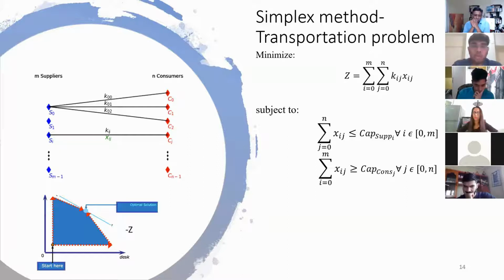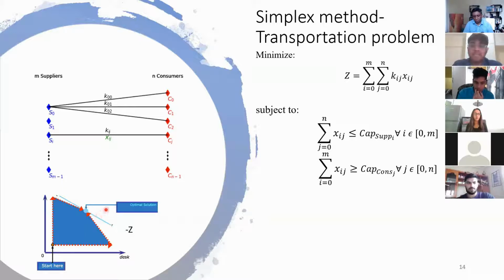To understand how the Simplex method works, we can consider a simple example shown here. The Simplex method starts off by first requiring an initial solution, and the objective of the Simplex method is to output the optimal solution to the linear program.